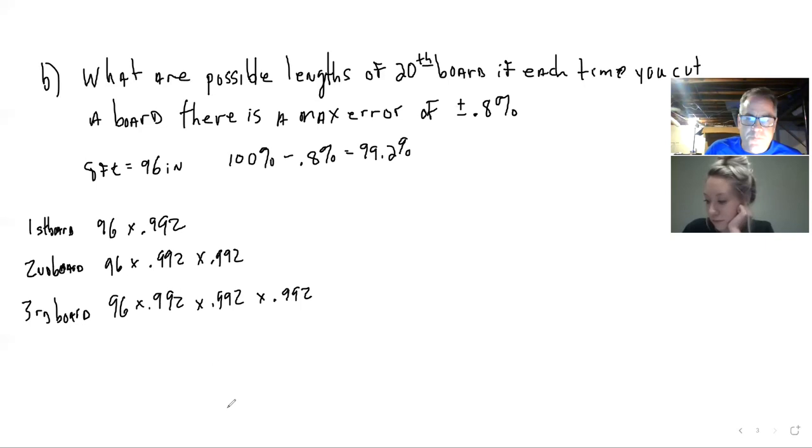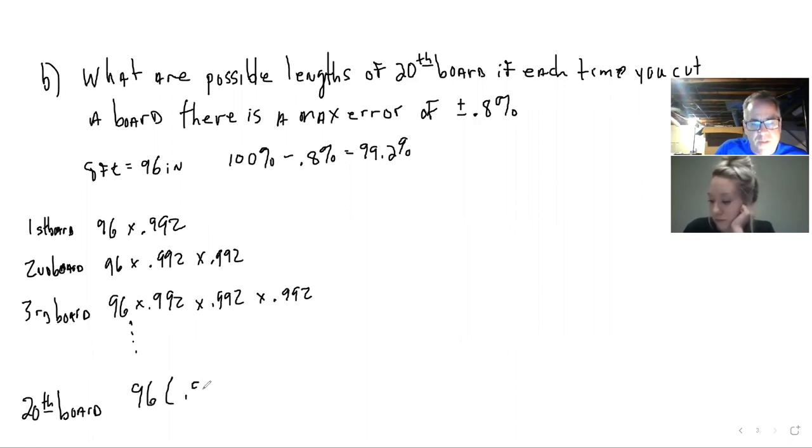Where it was a multiple in the first problem because I was adding, here this is going to be exponents, or repeated multiplication. So it's exponentiation, that is, to a power. So the length of your 20th board, since you're going to multiply this out 20 times, will be 96 times the 0.992 20 times.